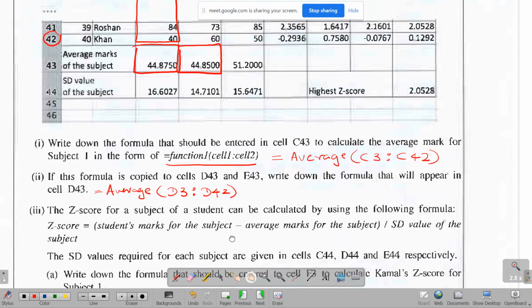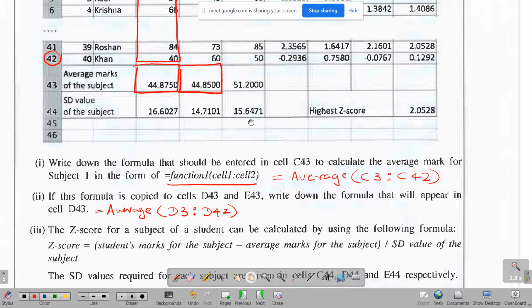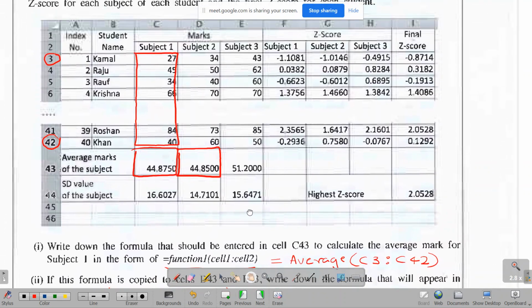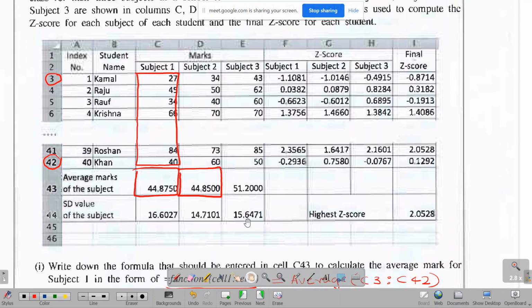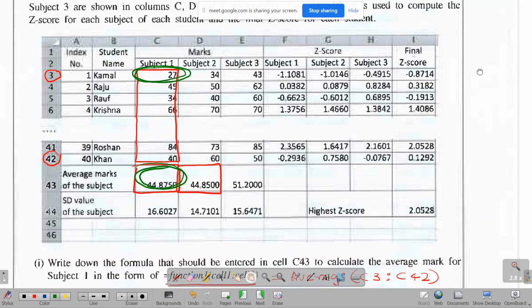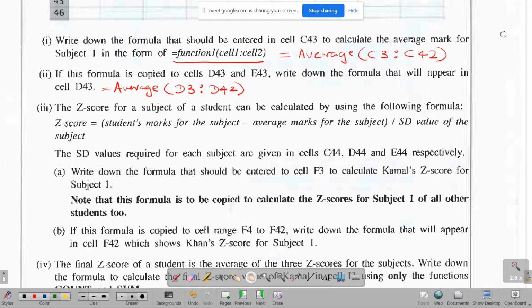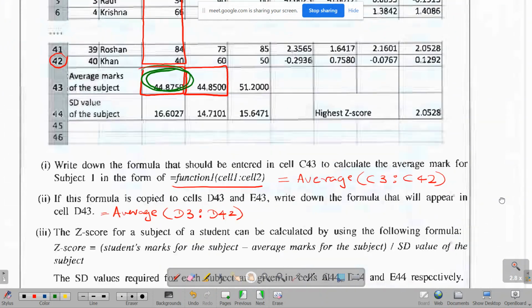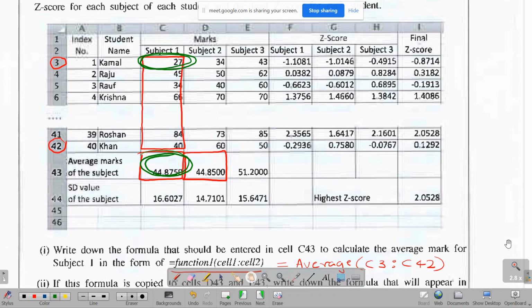So student marks for the subject minus average marks for the subject. So student marks is over here, average mark is over here. Right, then divide by SD value of the subject. So SD value, here's the SD value of the subject.